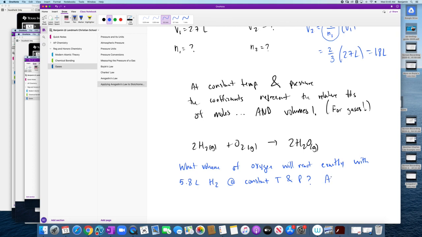And what volume of water vapor will result?